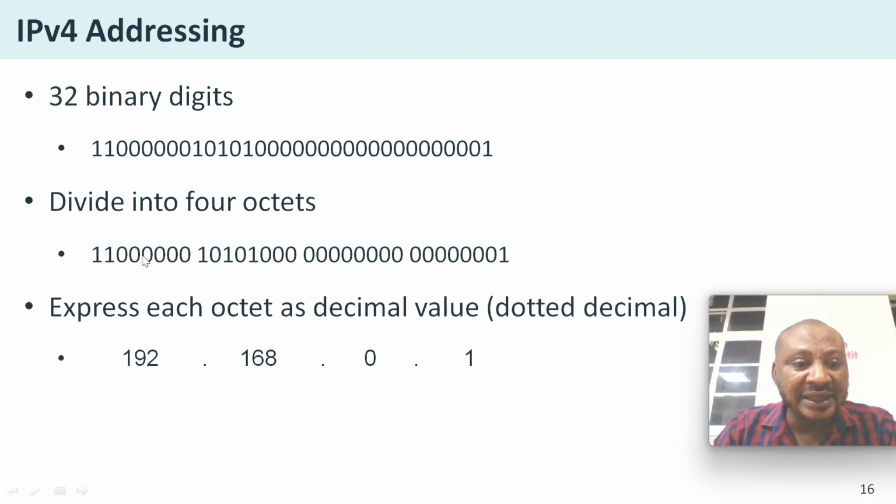These numbers are in decimal. In computing, IP addresses appear as 0s and 1s, but what you see on your computer is the decimal format. In the computer it is in binary format, 0s and 1s.